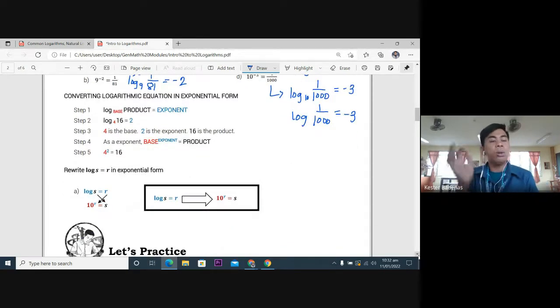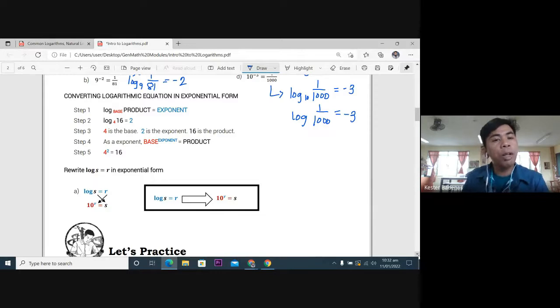Okay? So, same way din yung gagawin natin kapag nag-convert tayo ng logarithmic equation to its exponential form. So, if we have logarithm of the product with its base, that would be equal to the exponent when we rewrite that in exponential form.